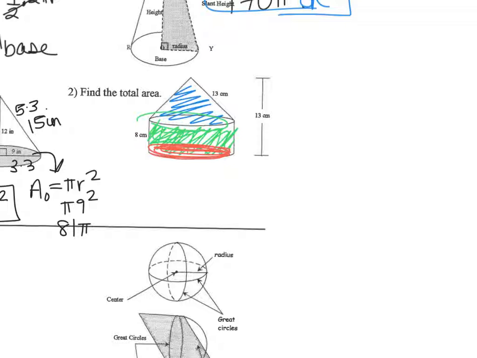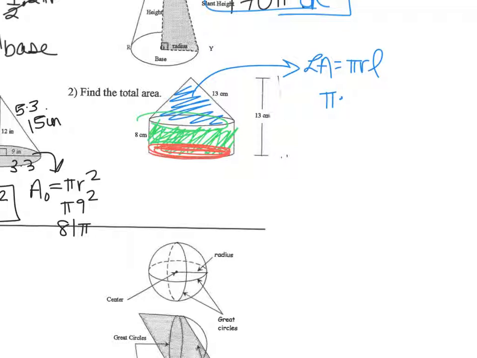So that's everything that would get painted in this figure. So let's start. For the cone piece, we would just need the lateral area of the cone, which is pi times the radius times the slant height. So we have pi times the radius, and that we need to still figure out. When you first look at the picture, you might not think you have enough information. What I'm going to concentrate on is I know from here to here is 13.